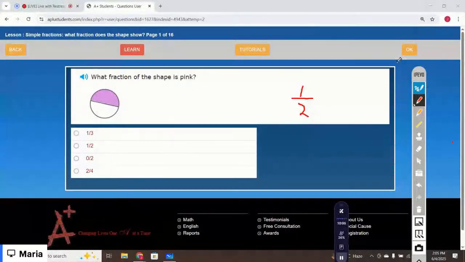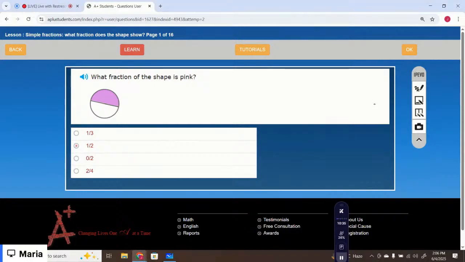So option number two is the correct option. That is one out of two.